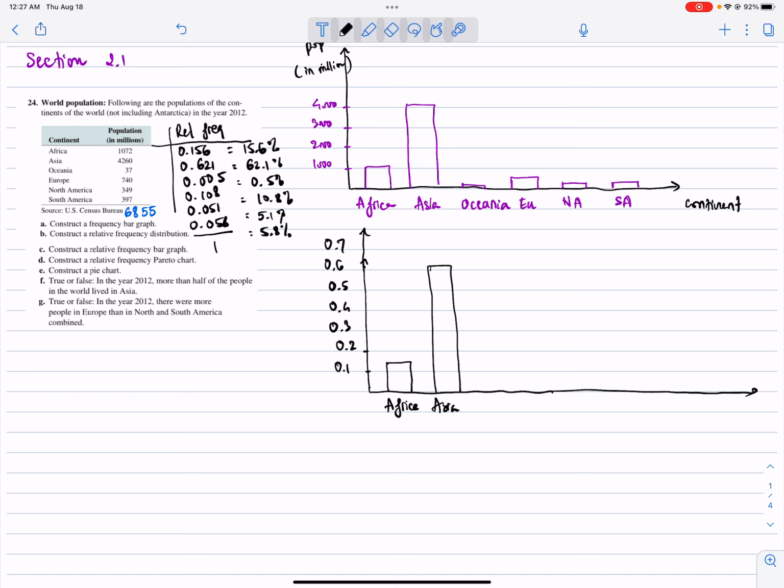And 0.005, that is very little, for Oceania. And then Europe is 10.8%, that is 0.1.